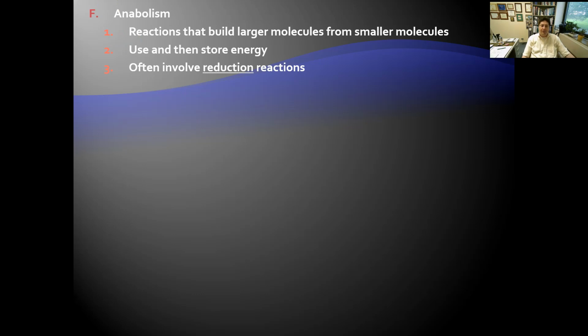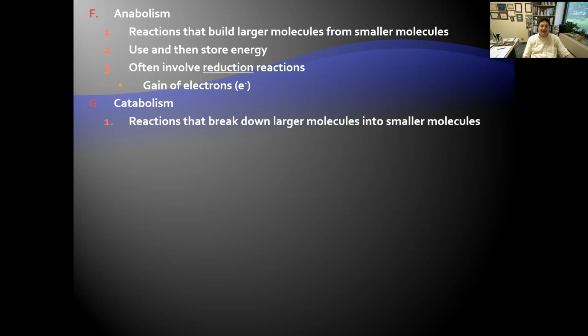When we perform anabolism, when we build large molecules from small molecules, it often involves what are called reduction reactions. Reduction means a molecule gains electrons. That's how we abbreviate electrons. If a molecule picks up or gains an electron, it's reduced. That's a reduction reaction.